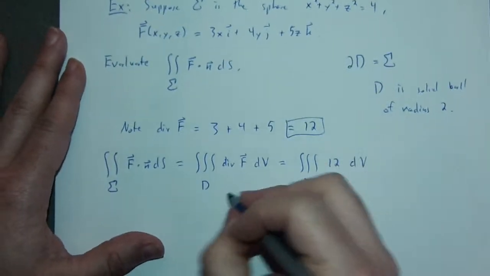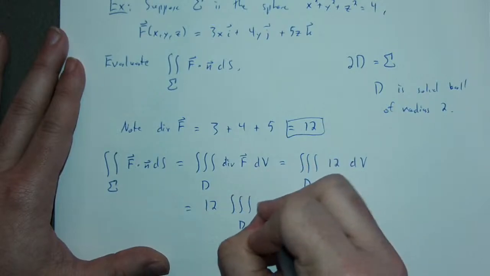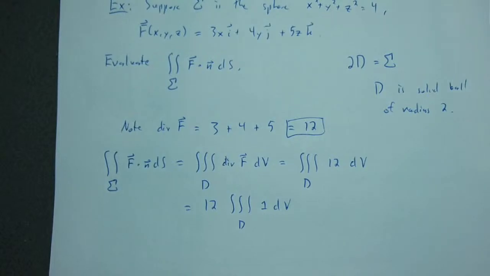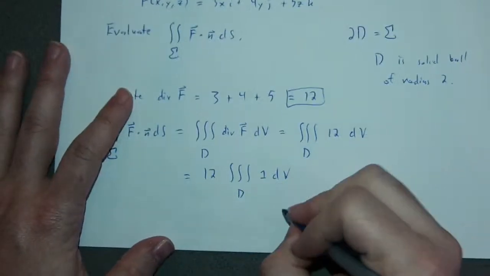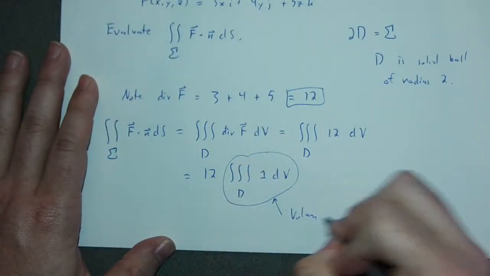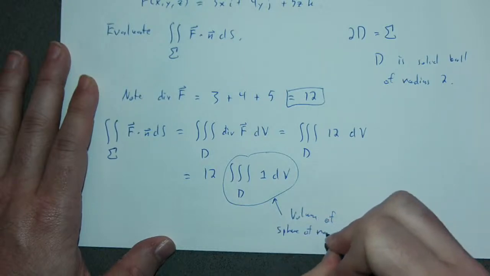So this is 12 times the triple integral over D of 1 dV. What is that? This is the volume of a sphere of radius 2.